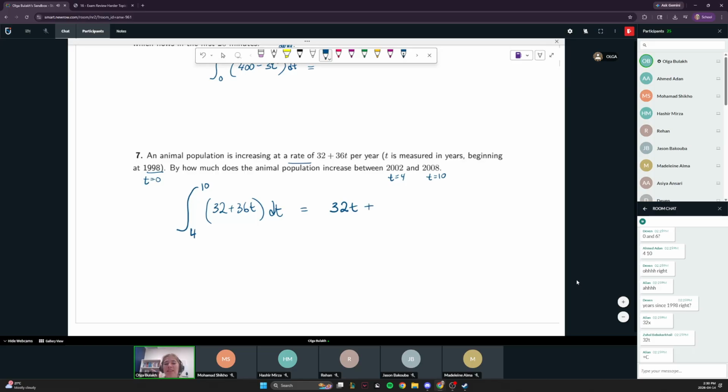We won't put plus c in this case because it's evaluated. Then this is 36 t squared divided by 2. And then you show evaluating from 4 to 10 and so on.